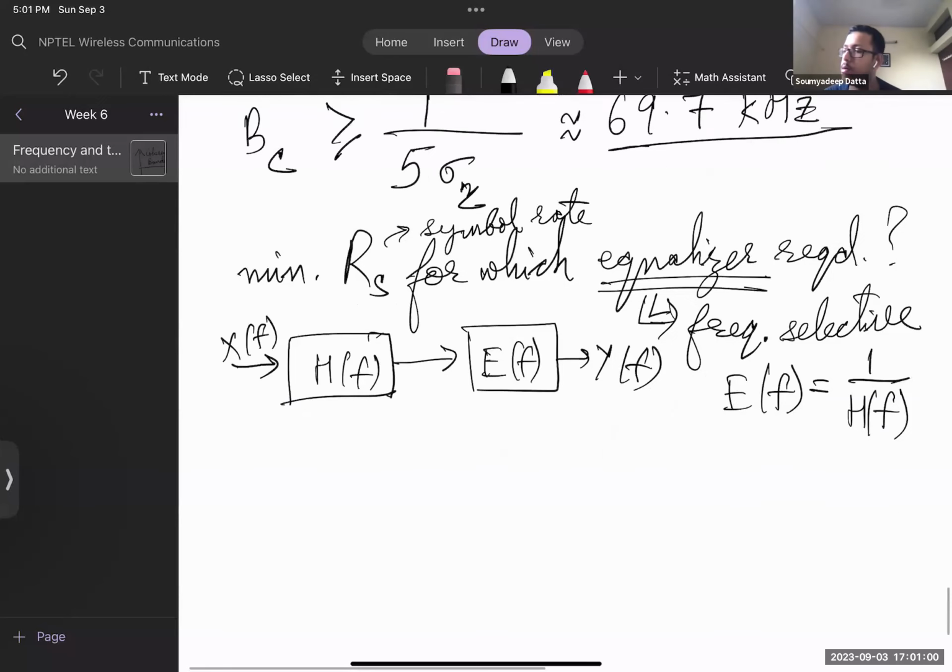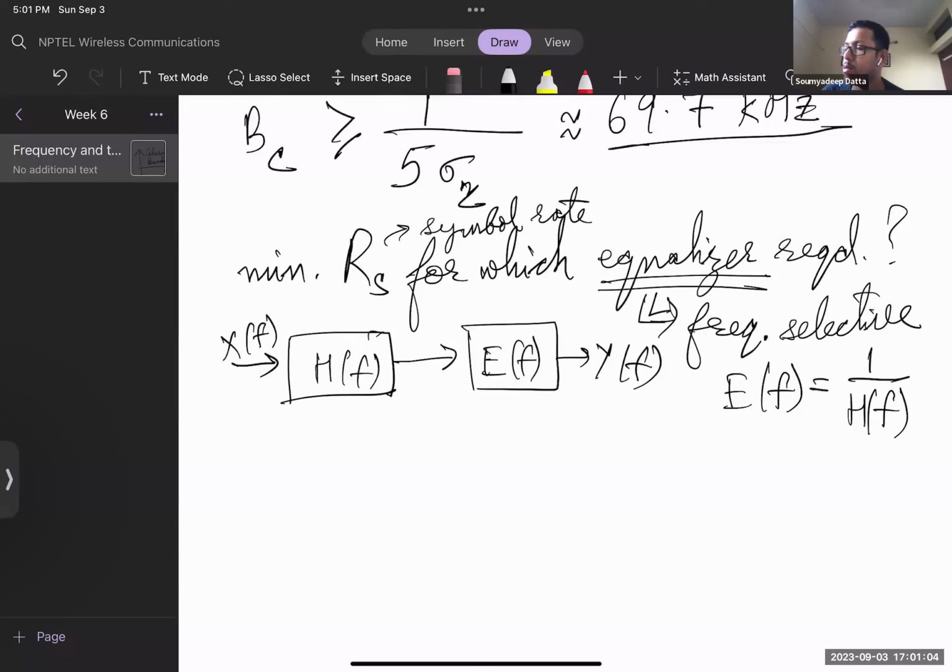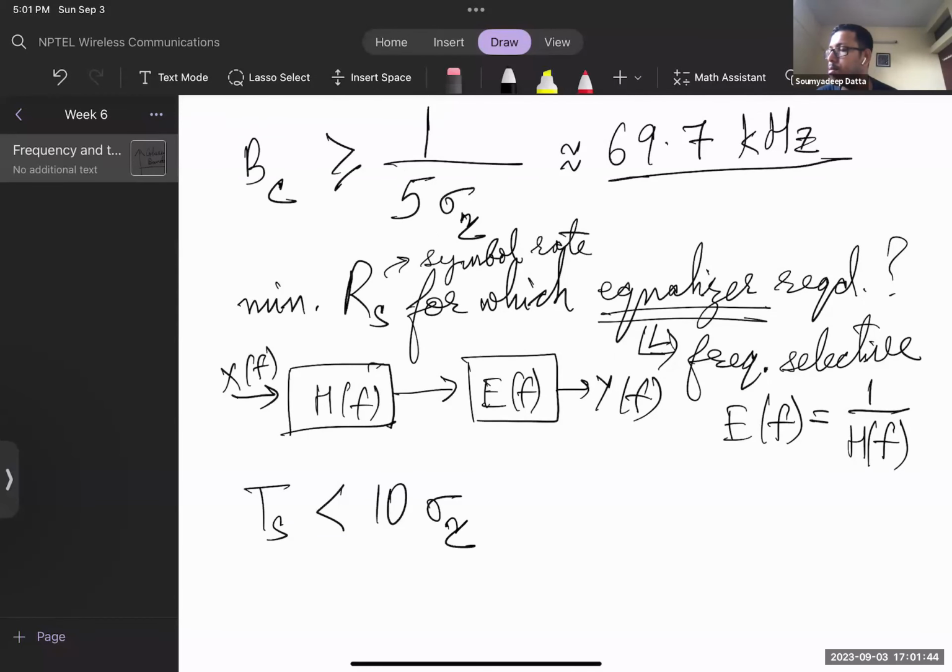For this, the time taken to transmit the symbol should be less than 10 times the delay RMS. If your signal is taking more time to be sent, that means your channel will become frequency selective.